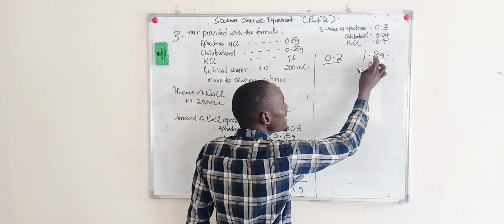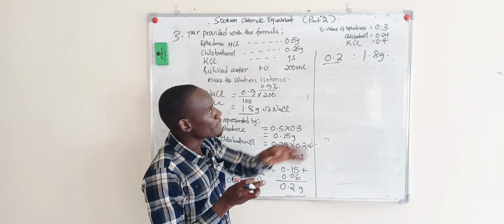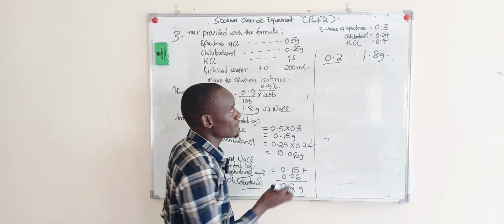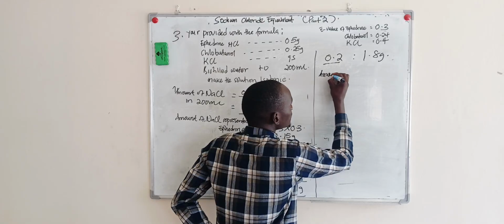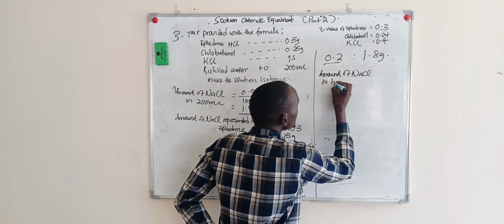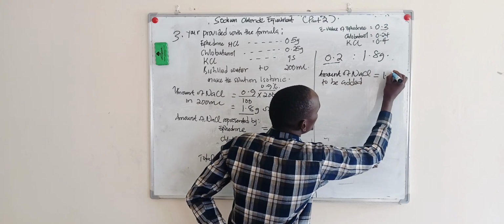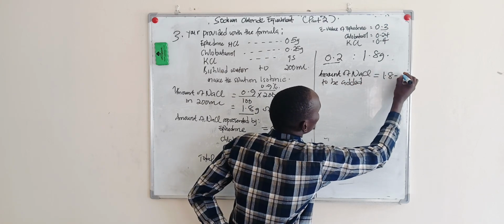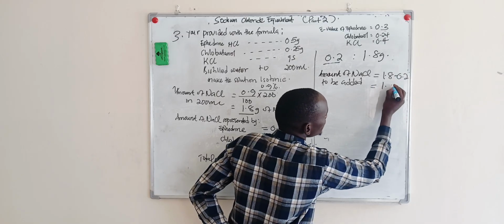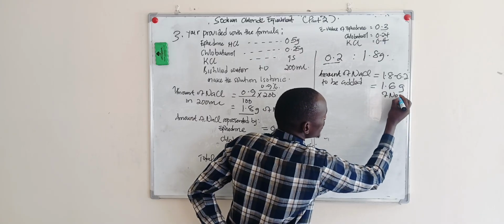Therefore, the remainder becomes the amount of sodium chloride that is required to adjust such a solution to isotonicity. So, amount of sodium chloride to be added will be equal to 1.8 minus 0.2. And when you compute this, we shall get 1.6 grams of sodium chloride.